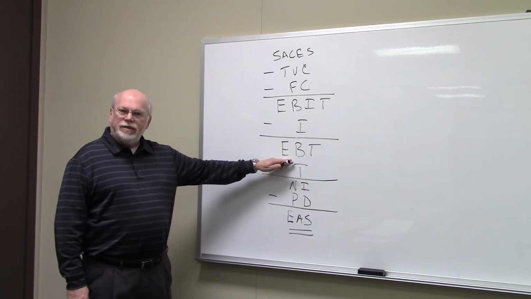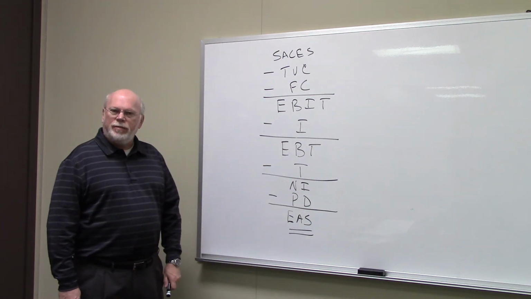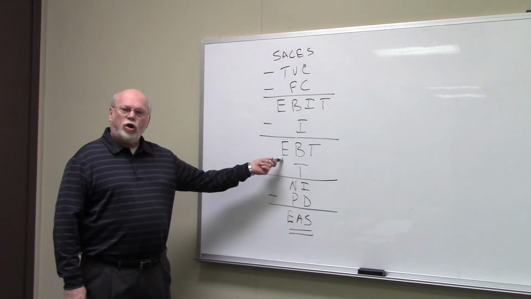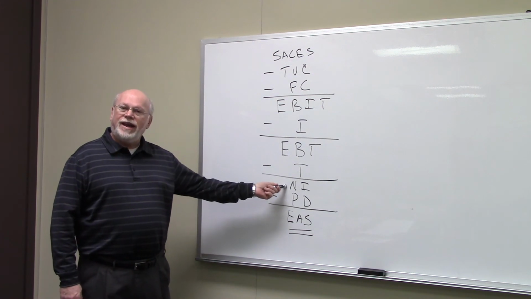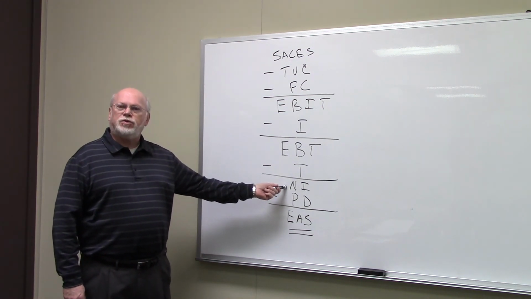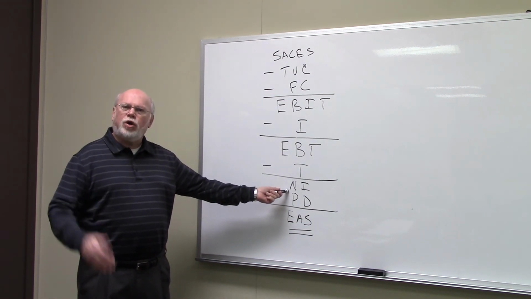And again, that's the earnings you have before you pay your taxes. The next item on the income statement is taxes. These are the taxes of the company. And if you take your earnings before taxes and you subtract out your taxes, you're left with net income, sometimes referred to as net profit, sometimes referred to as earnings after taxes. Commonly, it's called net income.